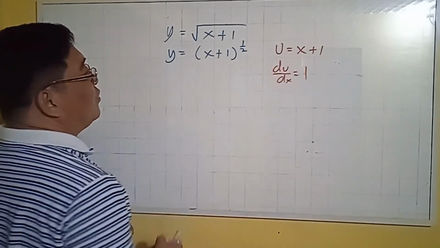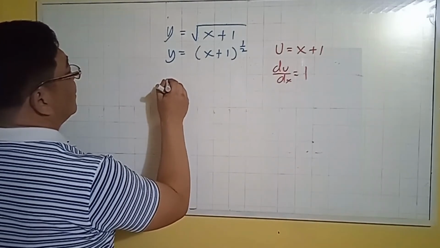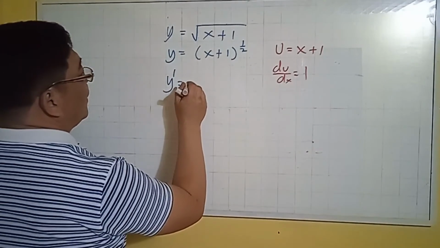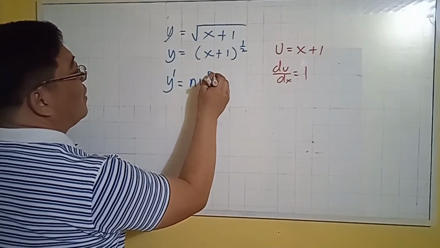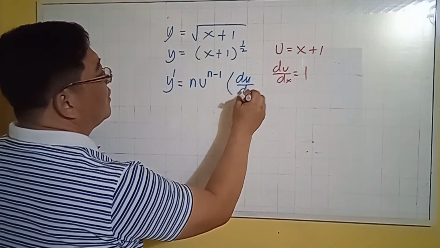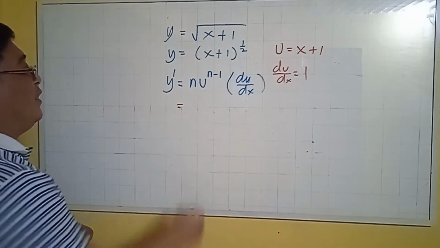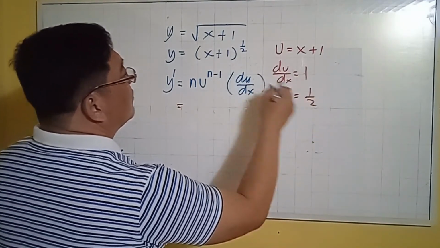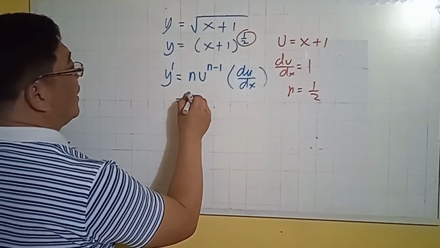Derivative of x is equals to 1. Then let's find the derivative. So y prime is the derivative is equals to the formula is n times u raised to n minus 1 multiplied by du over dx. So now we have n will be equals to 1 half.